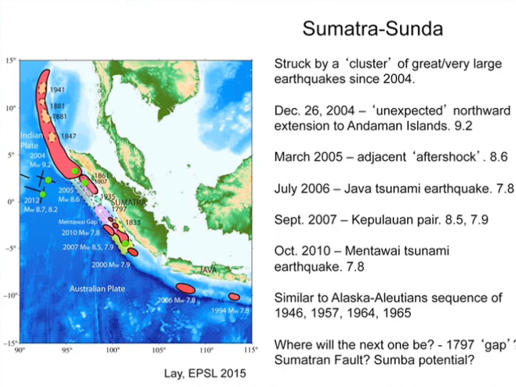It re-ruptured areas that had failed in pretty recent magnitude 8 size earthquakes, but it busted right through them again. And it was in an area where the plate motion is actually almost parallel with the boundary here. So it was surprising that strain had accumulated for convergence here, but indeed it ruptured all the way through.